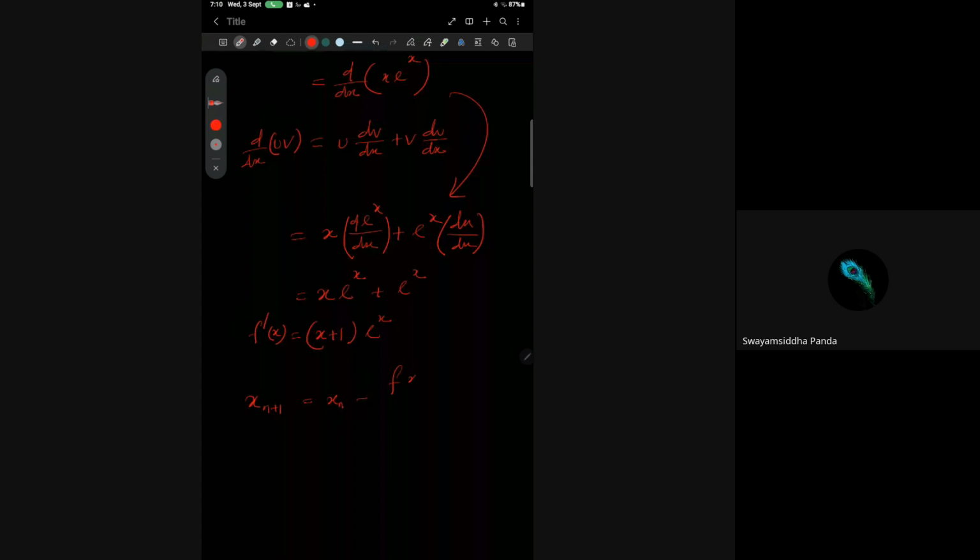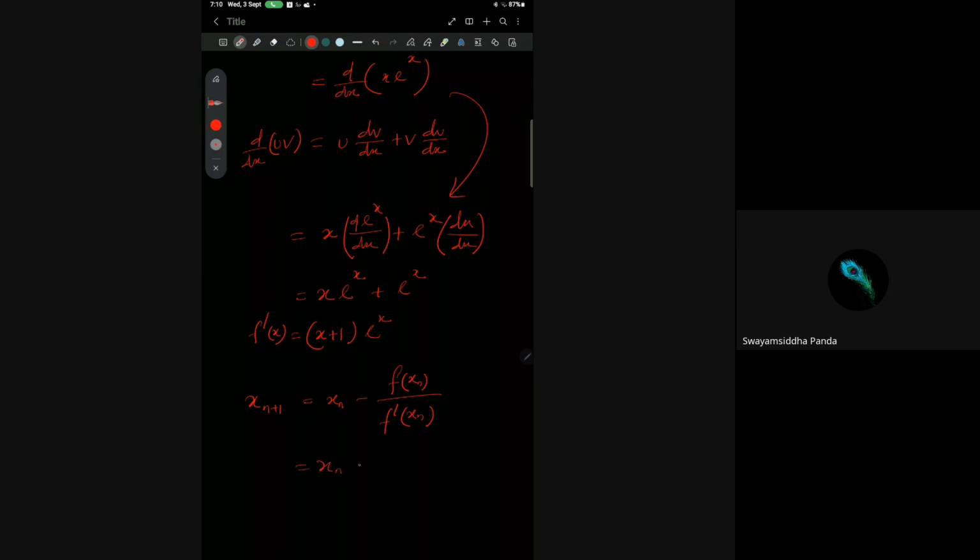So this is equal to x e to the power x, whose derivative is e to the power x, plus e to the power x dx by dx is 1, so this is equal to x plus 1 into e to the power x. This is my f prime x. Okay. So if I substitute, what will be my x n plus 1 general formula? x n minus f xn by f prime xn.